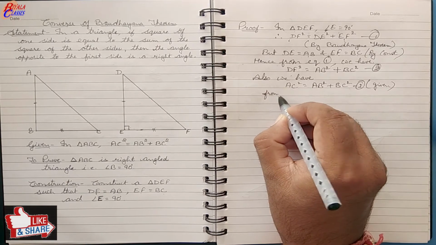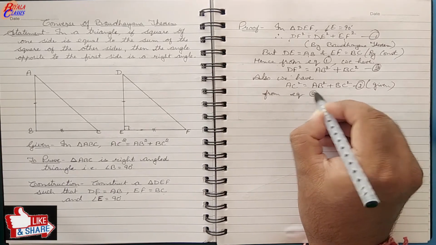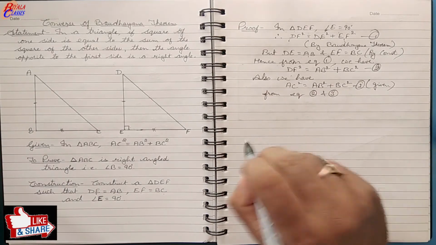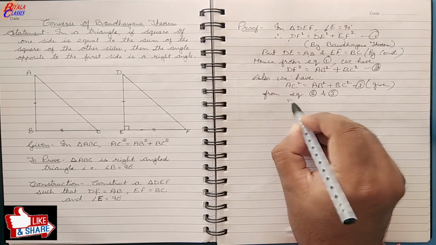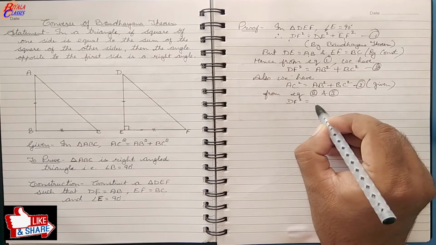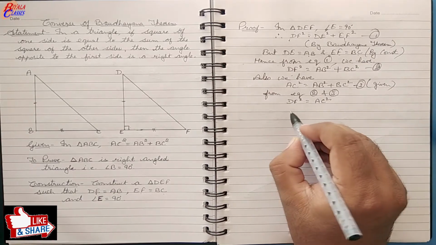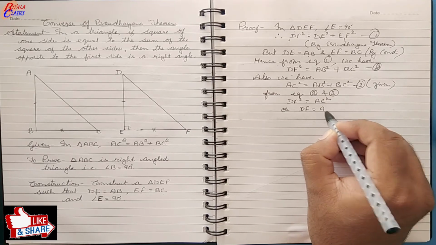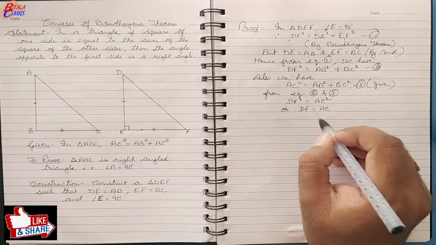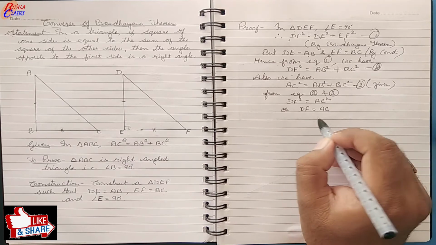So from equation 2 and 3, comparing these two equations, we get DF squared is equal to AC squared, or DF is equal to AC.